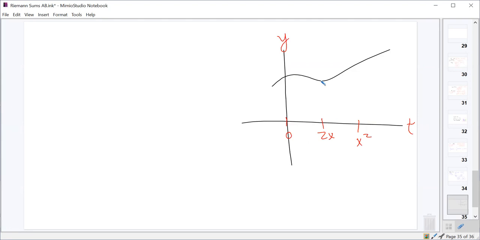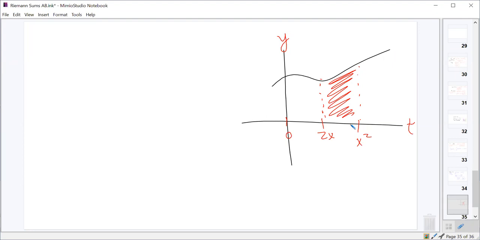So the integral we're looking for is this integral from 2x to x squared, right? No matter what x value it is. So if x was 5, well, this would be from 10 to 25. If x was 1, then this would be an integral from 2 to 1. And our thing looks a little weird, but that's okay. It doesn't really matter. The integral will sort out the negative signs for us.